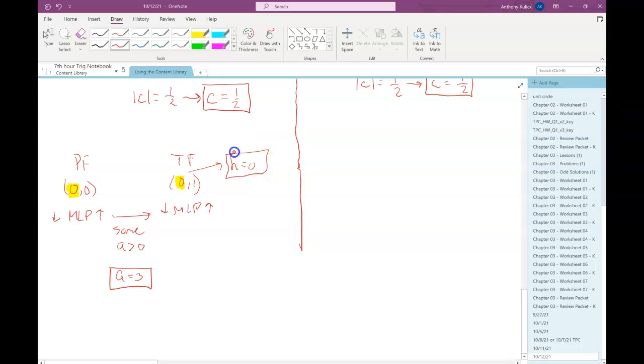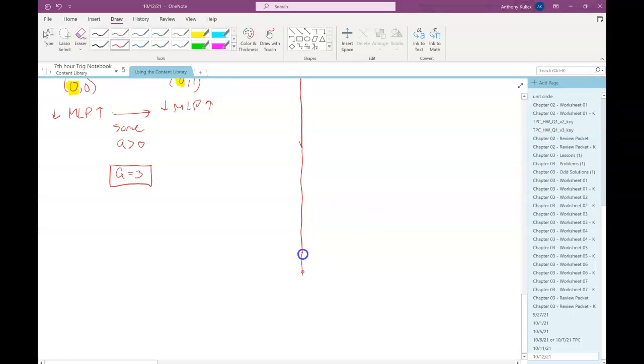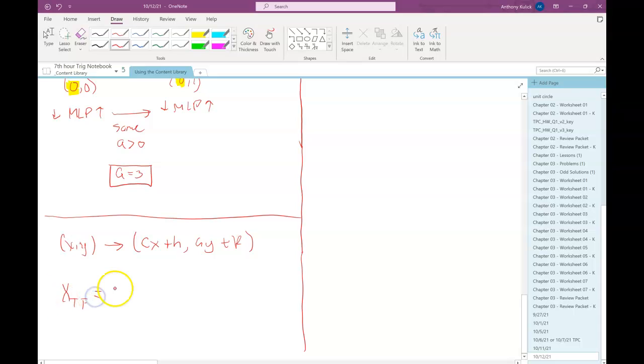Is that always the case? Here's what's going on so you can understand why. You remember when we graphed these transformations, we used this transformation map, right? To get one of these transformed x coordinates, I did c times the x coordinate from the parent function plus h, right?